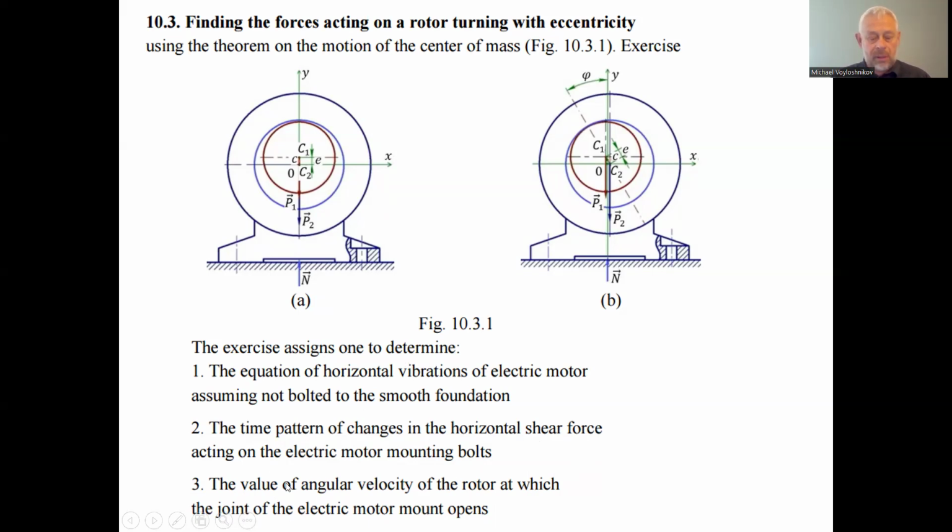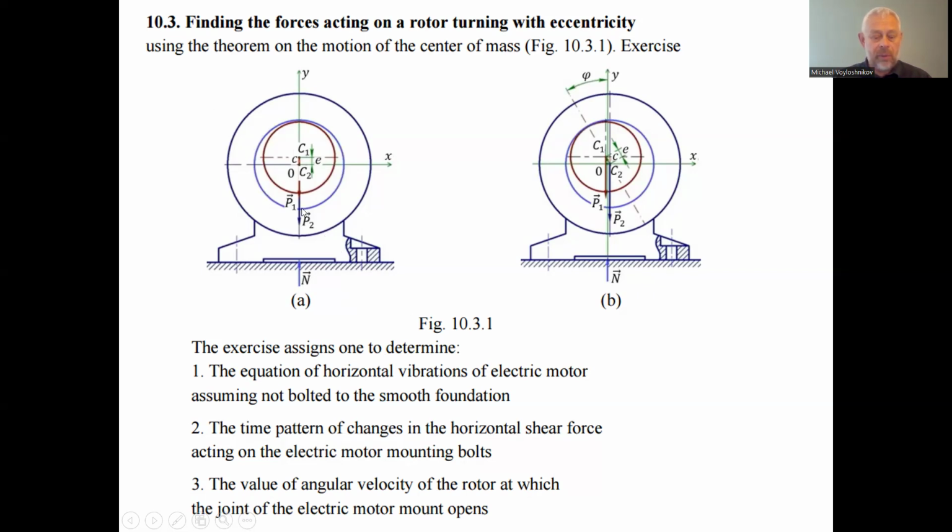And the third is the value of the angular velocity of the rotor at which the joint of the electric motor mount opens. If we assume not fastening by bolts, but just a pin limiting the transverse motion of this electric motor, not the screw, what will be the angular velocity?